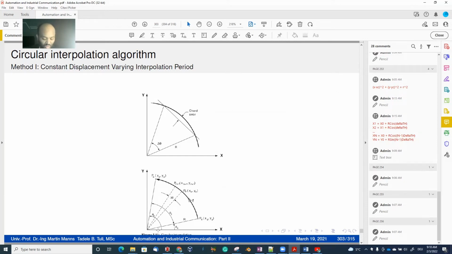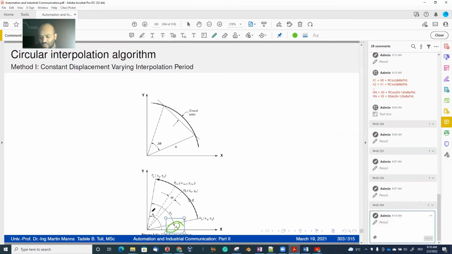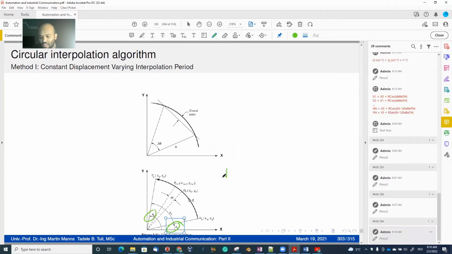These deltas could be angular deltas, and these delta thetas are, initially you have a starting theta and you have a final theta. The difference between the starting theta and the final theta is delta theta.